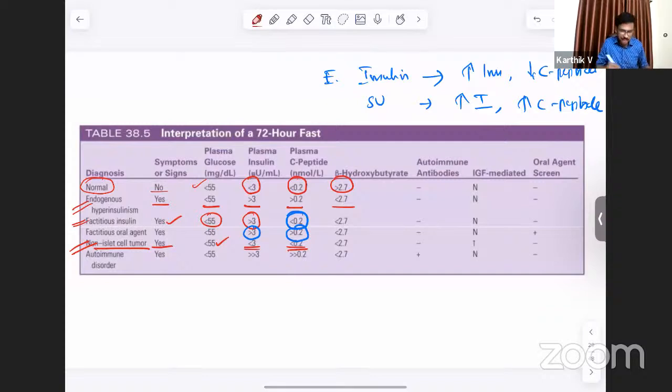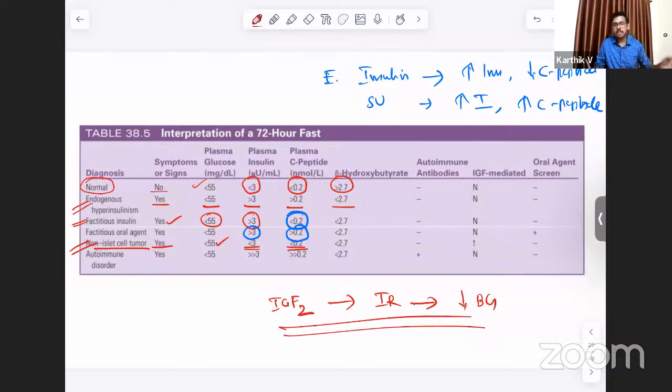Here, the IGF-2, which is produced from the tumor, is binding to the insulin receptor to produce low blood glucose. Because the blood glucose is low, it will cause a suppression of insulin from the beta cells. Okay, so the endogenous insulin production will be low, but the IGF-2 would bind to the insulin receptor to result in hypoglycemia.